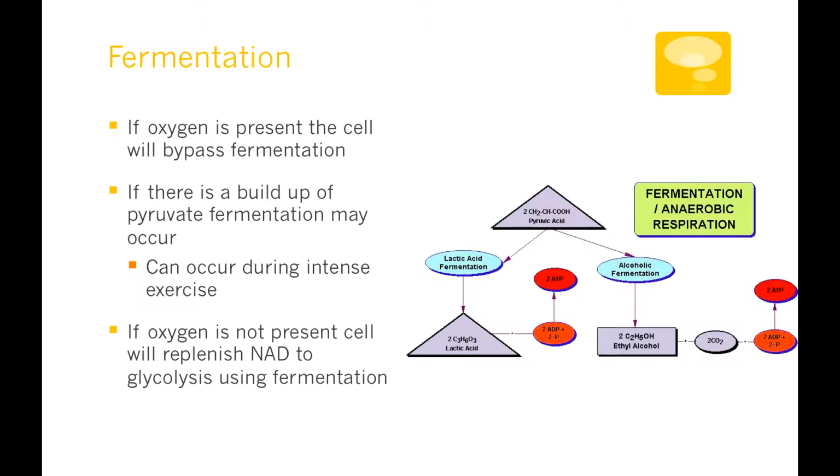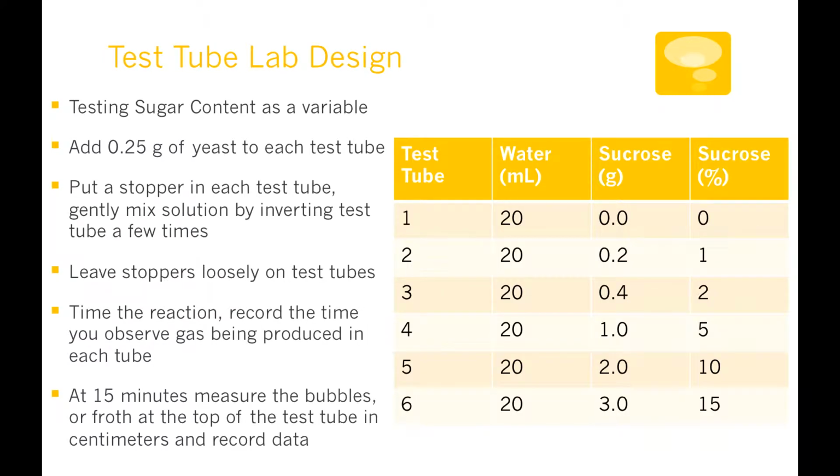Now, to help some of you with your test tube lab design, I know some of you had trouble starting on this. Here is an ideal way to test our two hypotheses.